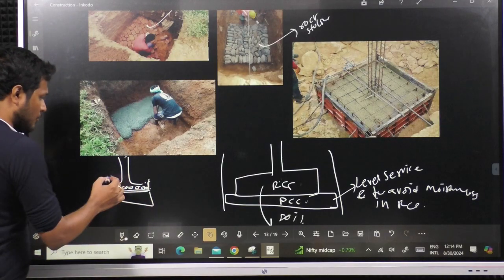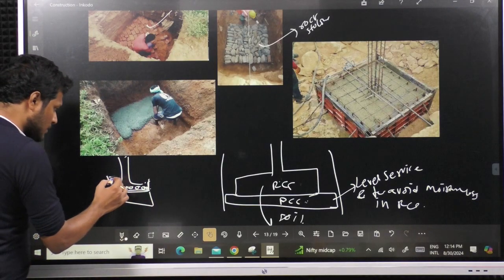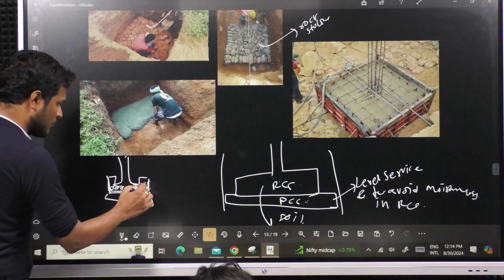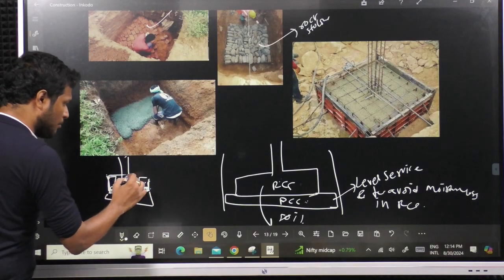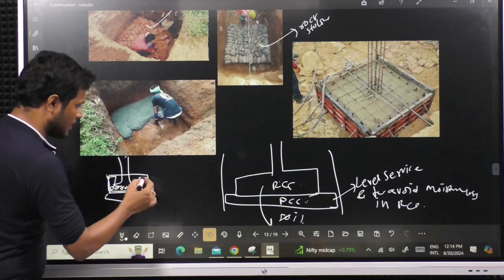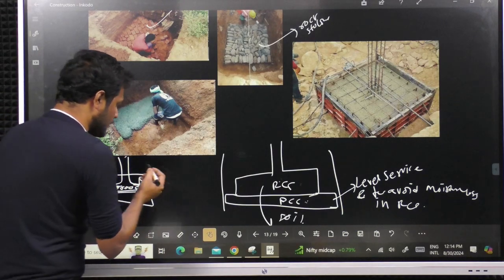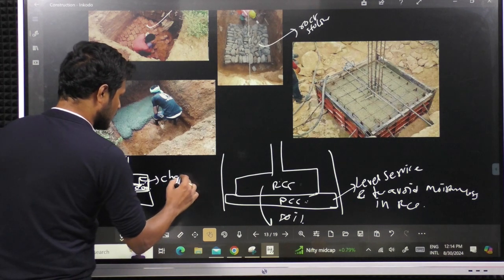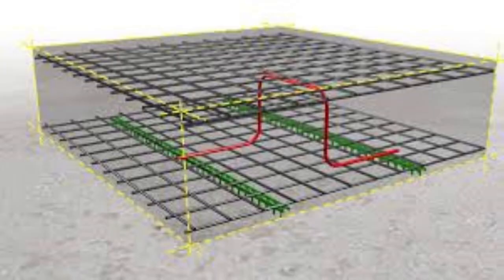Over this, some rods will be placed to maintain the gap depending on the depth of the foundation, and a top mat will be placed. This is called chairs.